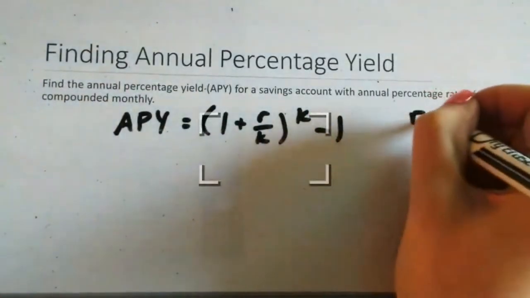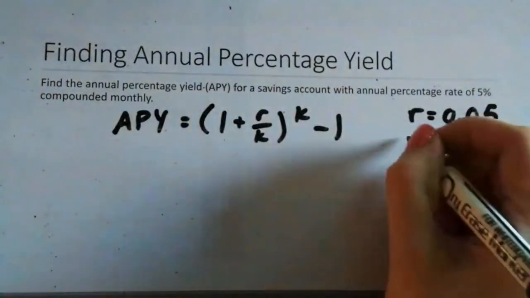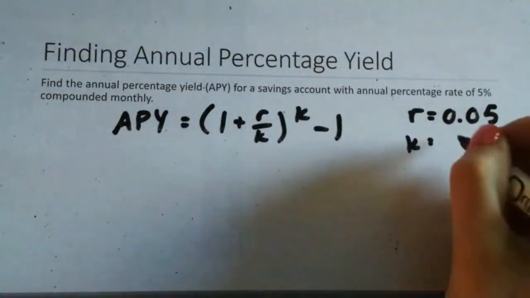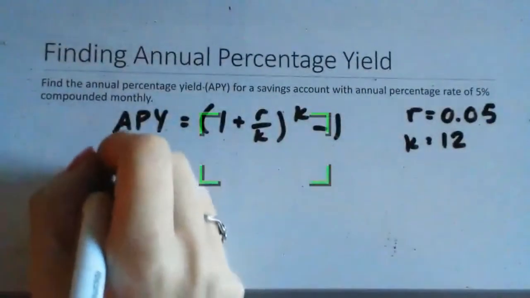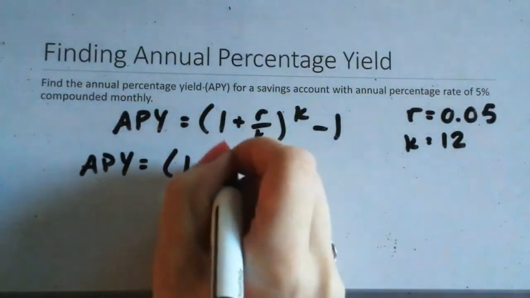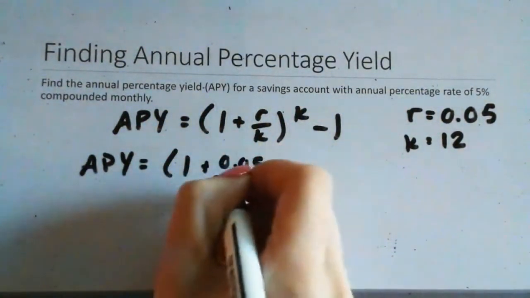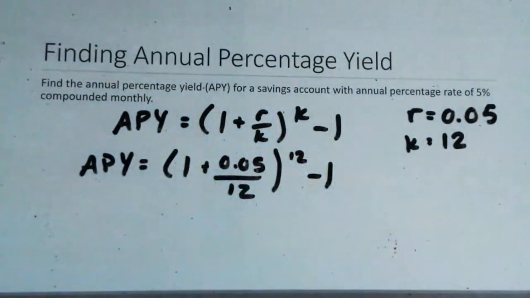They're giving us R as 5%, which is 0.05. K, we are compounding monthly, so that's 12 times a year. So our APY is equal to 1 plus 0.05 over 12 raised to the 12th power minus 1.